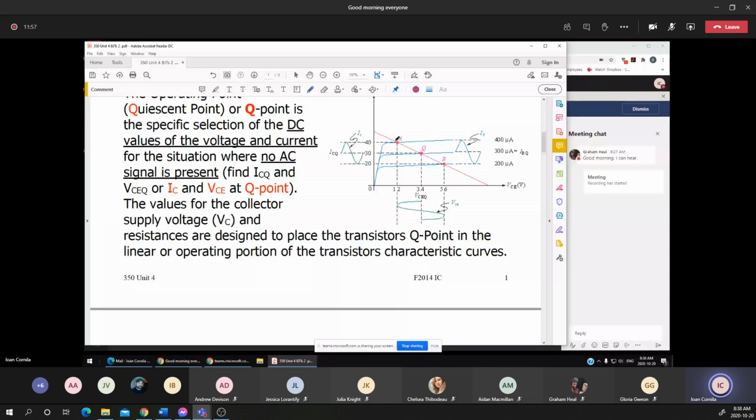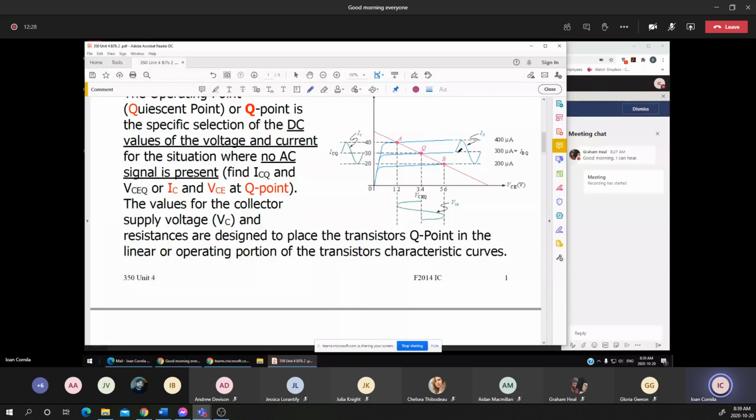Instead of having two DC voltages, we have an AC voltage superimposed on a DC voltage. It means that we have the ability of choosing or designing the circuit, choosing the right external resistances and the voltage applied to the circuit, to place the transistor in the mid region of the load line.